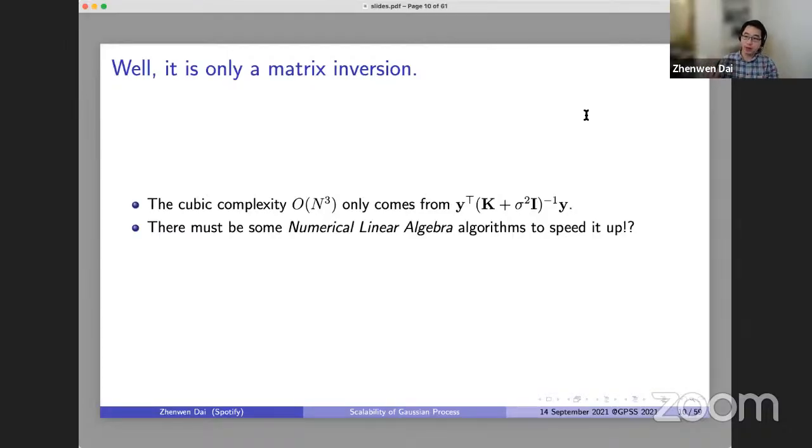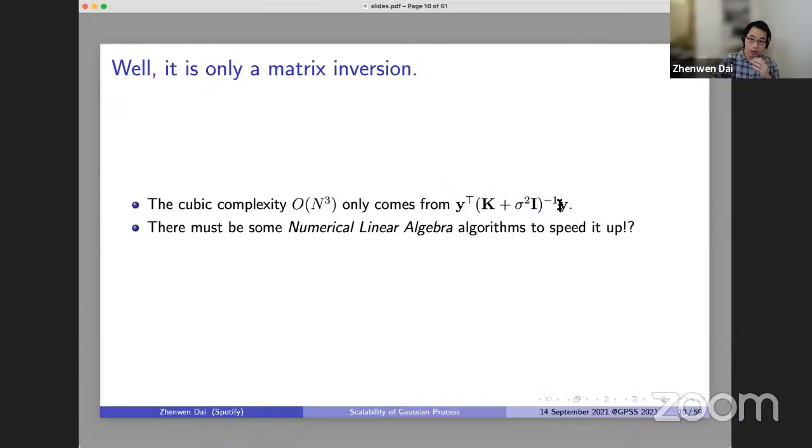The first obvious thought is that we know the cubic complexity comes from the covariance inversion. More precisely, it comes from this part, the y transpose (K plus sigma squared I) inverse y.